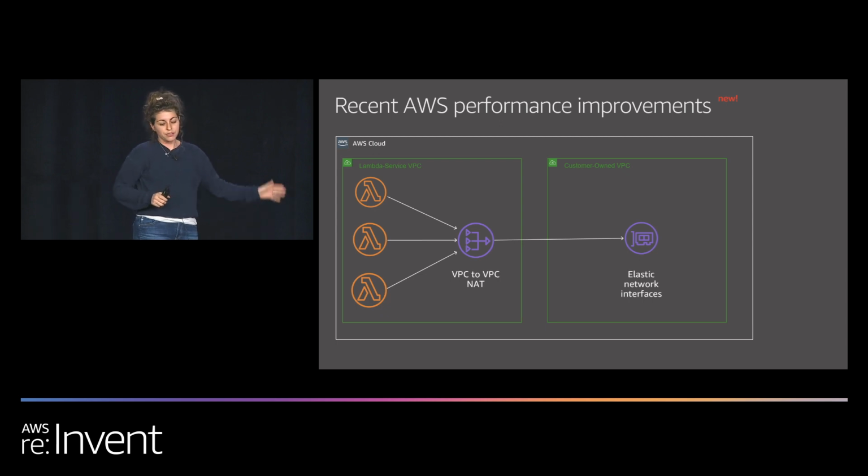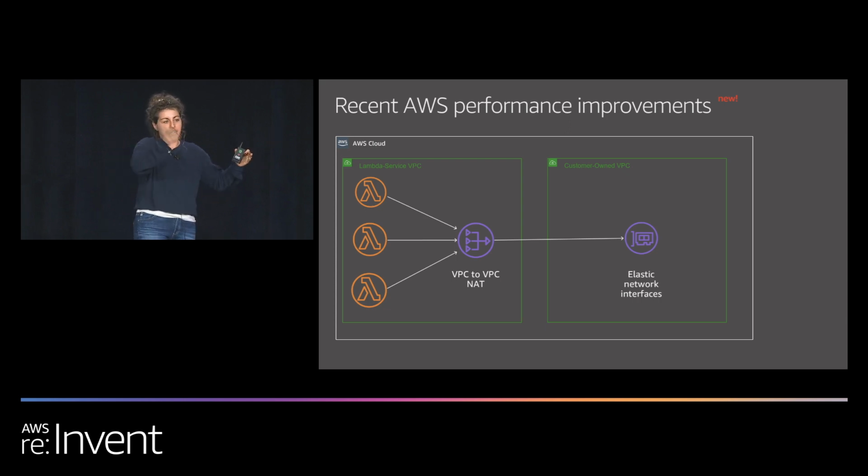That's the old way. The new way basically maps your VPC to a hyperplane ENI and then to an ENI in your account. But there's a couple key differences here, which is that the ENI in your account is not created at the time of execution. It is created at the time of creation of your Lambda function or when you add VPC settings to it.